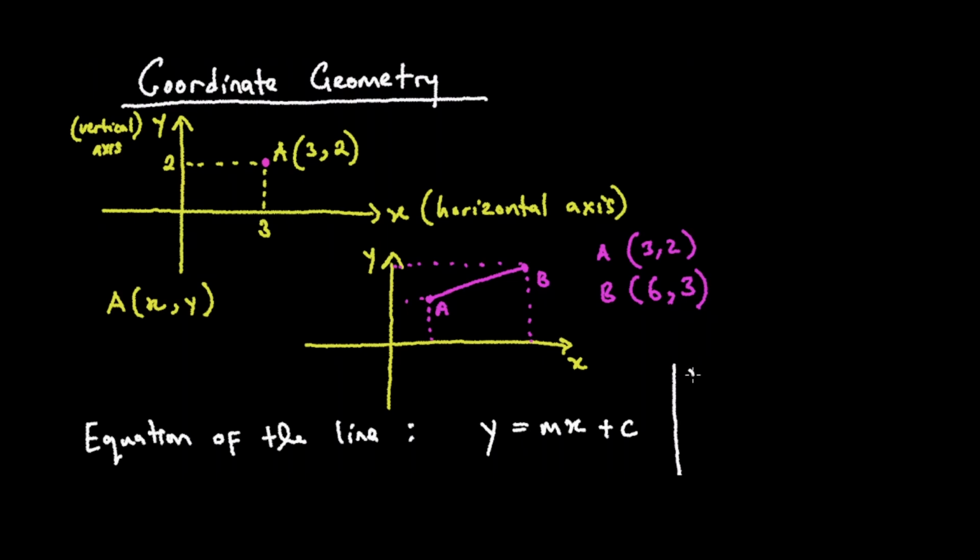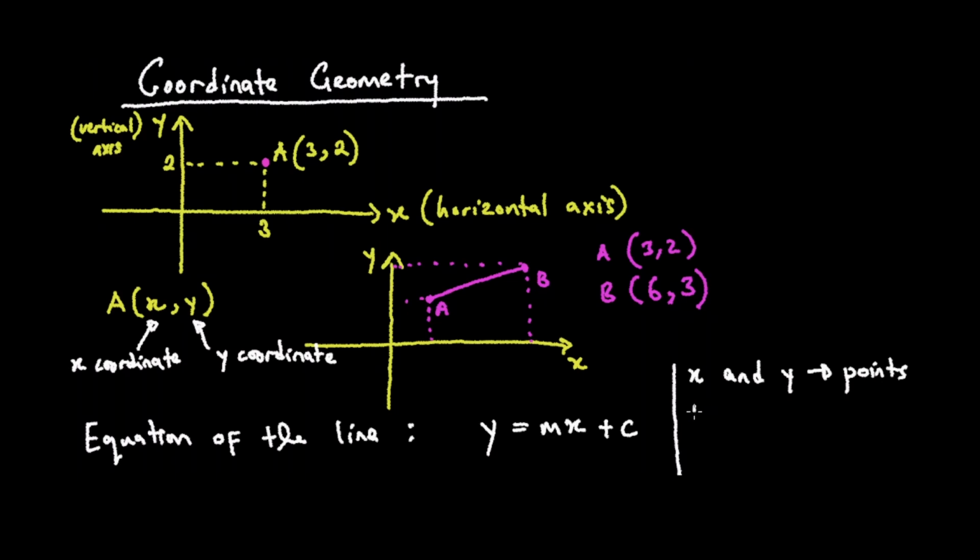When we say x and y, this is simply a point, or points. And x represents the x coordinates. We have said here that this is called an x coordinate, hence it is called coordinate geometry. This is called a y coordinate. Understand? So x and y, this is just a point or points.